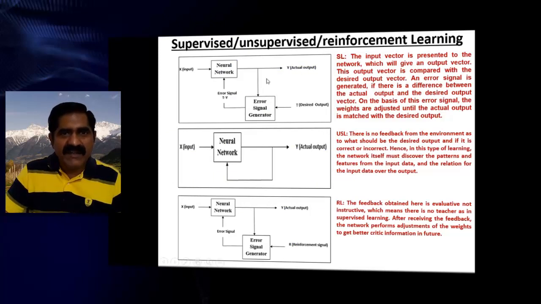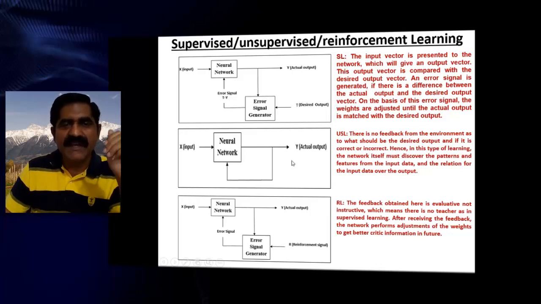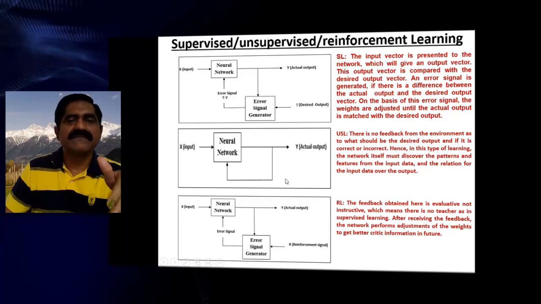In the first case, supervised learning, you take input, process it, and get output. This output is compared with the desired target. Then we say supervised learning. Whereas in the second case, there is no target; we are doing it without that. In the third case, a third party, the teacher, is observing whether the learning phenomenon is right or not.